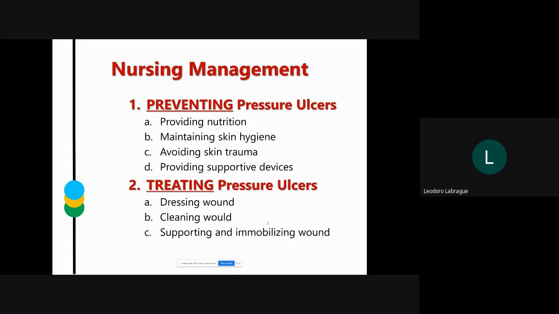Number 3, avoiding skin trauma. Number 4, using different supportive devices to prevent pressure ulcers. And the second part of this nursing management is on the treatment. What will you do? You either clean the wound, dress the wound, and support the wound. And that is what we're going to discuss this afternoon.